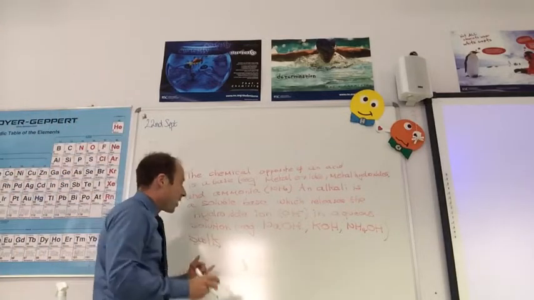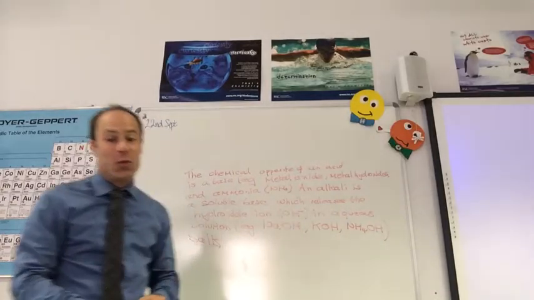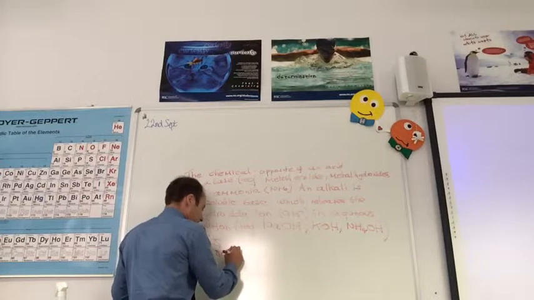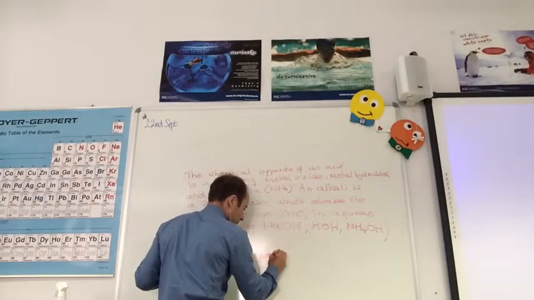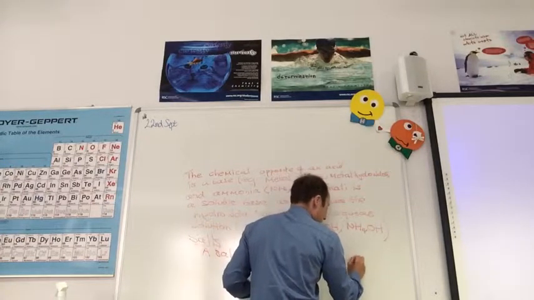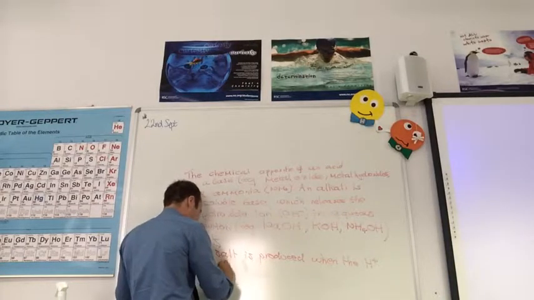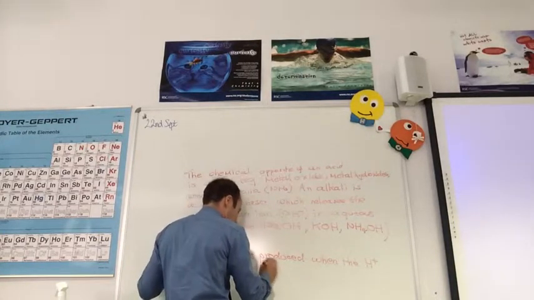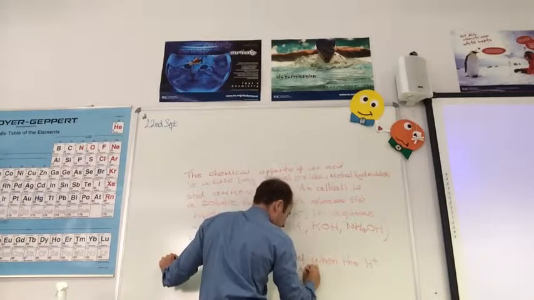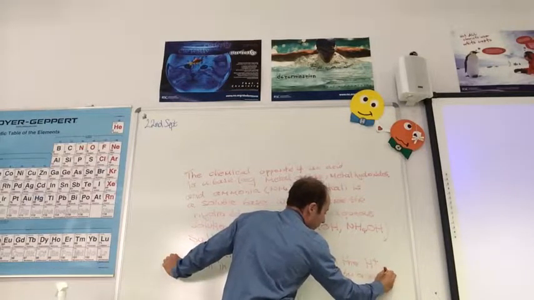I get a salt when I replace the H plus of an acid with a metal ion. So a salt is produced when the H plus ion in an acid is replaced by a metal ion.